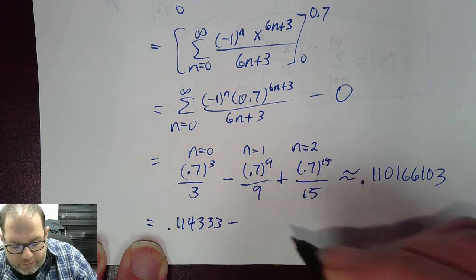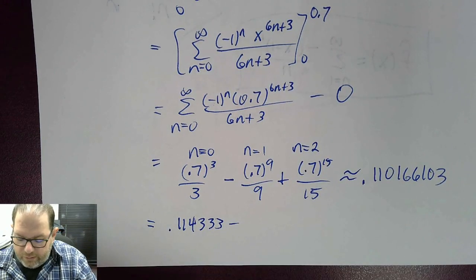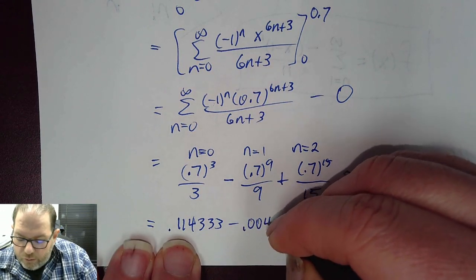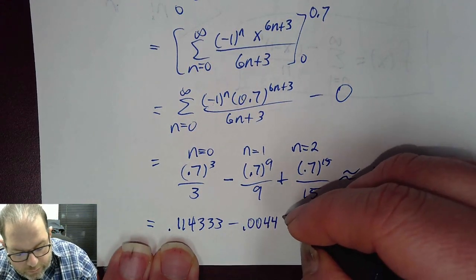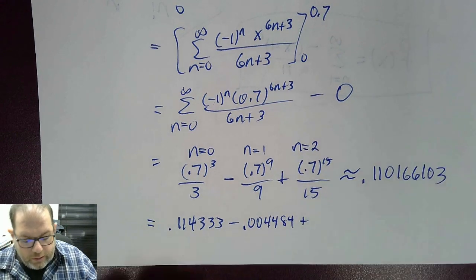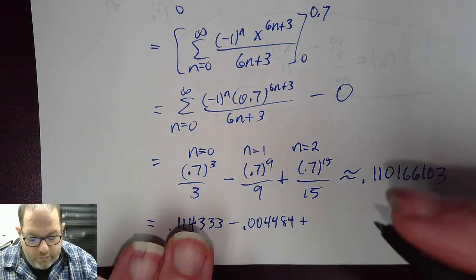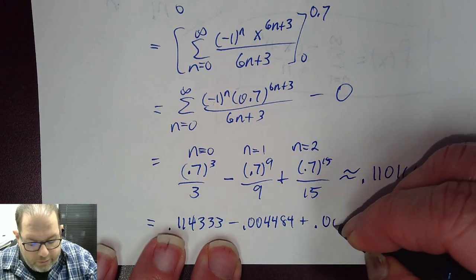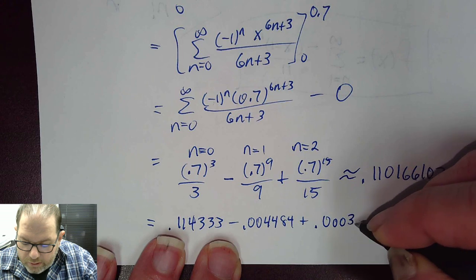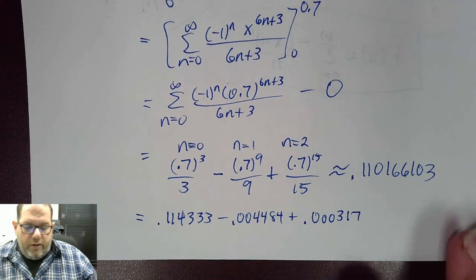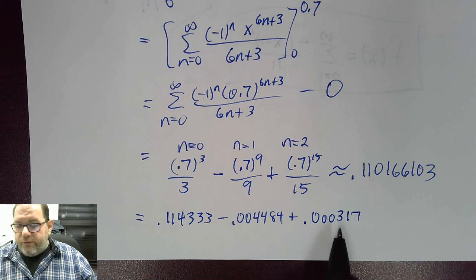I'll just go 6 places. 0.7 to the 9 divided by 9 is 0.004484. Okay, and if we get 0.7 to the 15th divided by 15, we actually get 3 places of accuracy here. Because we get 3 leading decimals at that term.